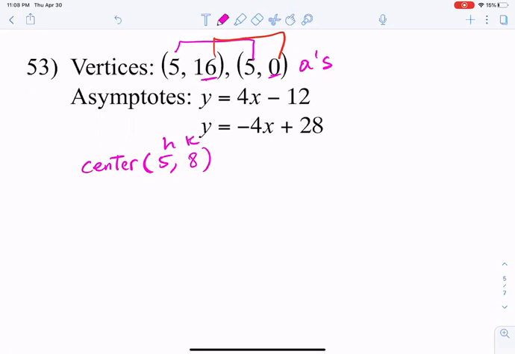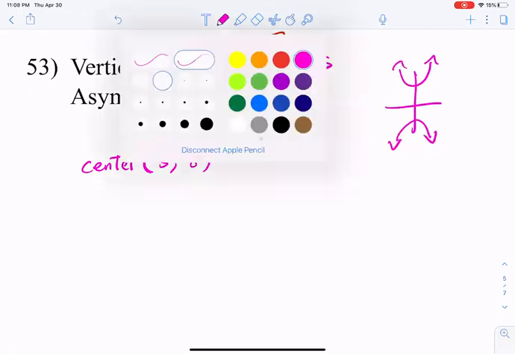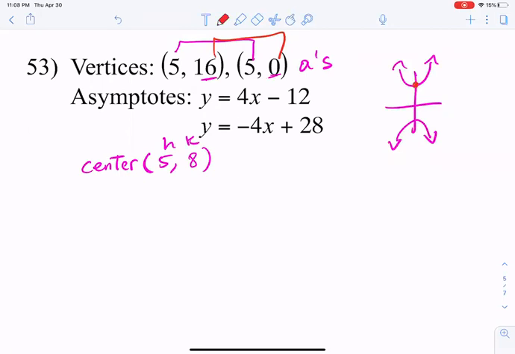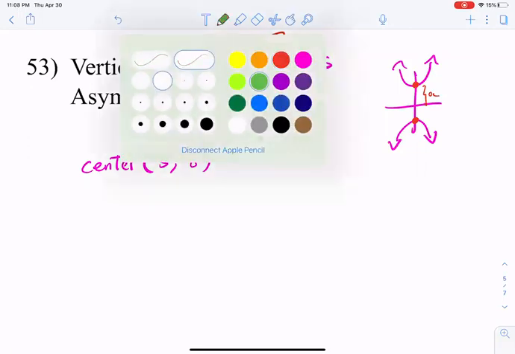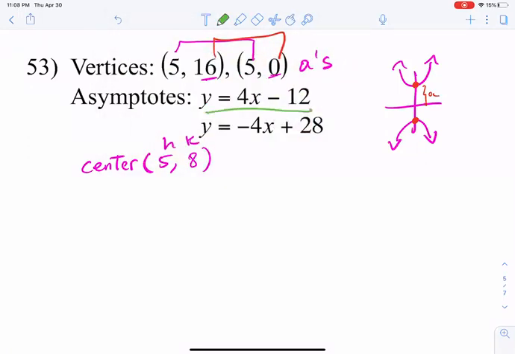So if it's a vertical transverse axis, I have this picture. So this is my vertical transverse axis. Remember this is A. And because they give you the asymptotes here, you're doing rise over run. So we're going up A units and we're going B units to the left.